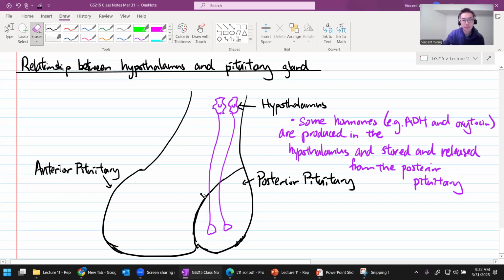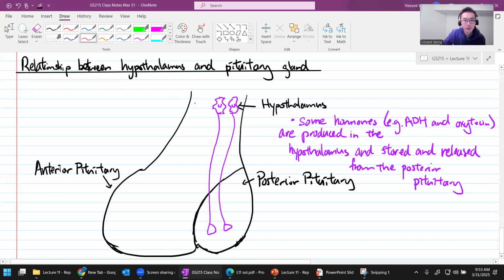There is a physical connection between the hypothalamus and the pituitary gland. Like my headphone here, it's physically connected to the computer with the wire. That's the relationship between the hypothalamus and the posterior pituitary gland. The neurons extend their axon into it, a physical connection.